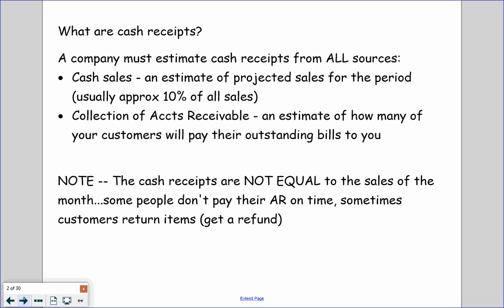But in January, your refunds are going to be through the roof because parents or kids return a gift because they didn't like it or it didn't fit or whatever. So it's not that in January you did worse. It's just that a lot of those sales that you recorded in December get refunded in January. So understanding that helps you budget so that you're not going to be short cash in January when you get all those refunds.